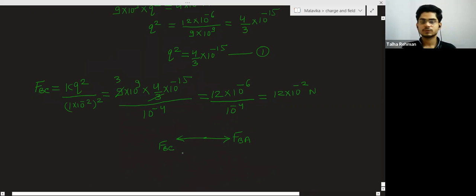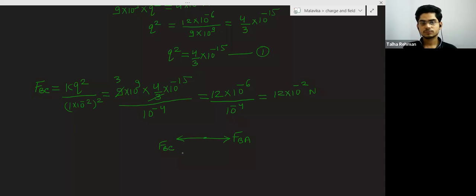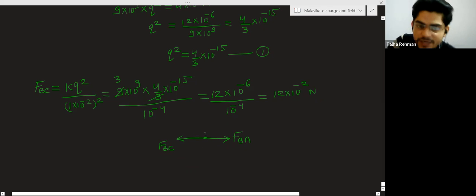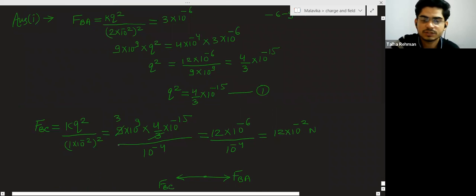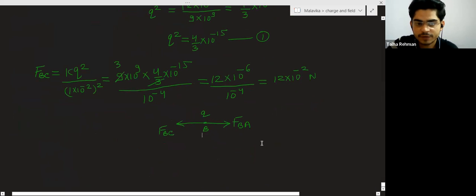So we have this, and this is the charge at B. Charge Q is placed at B, and if I want to calculate the net force on the charge at B, what will be the value?